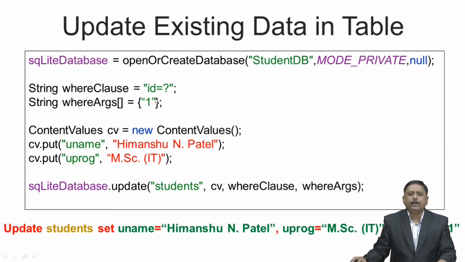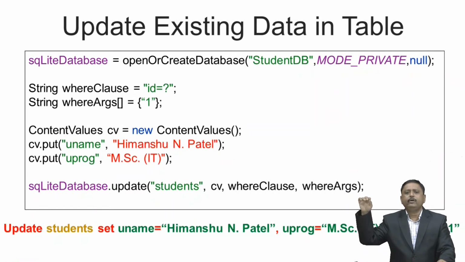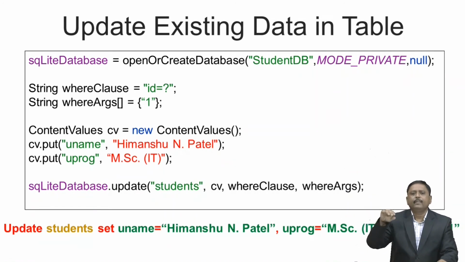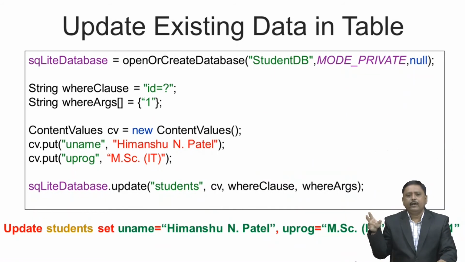Here only one argument is there, 1. For example, if you write ID is equal to question mark and name is equal to question mark, then it will take two arguments. The first is ID and the second is name. So accordingly you have to provide the where arguments.